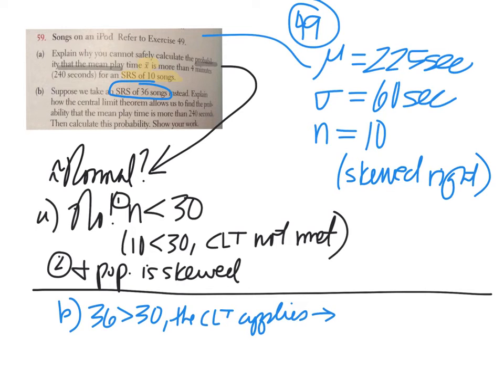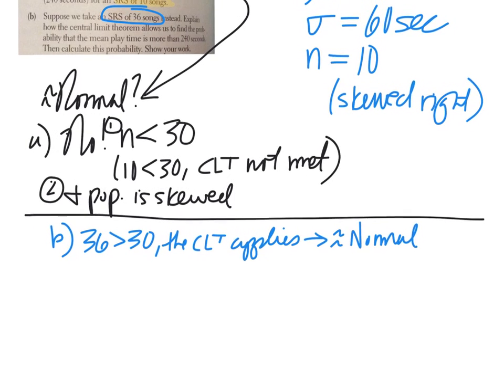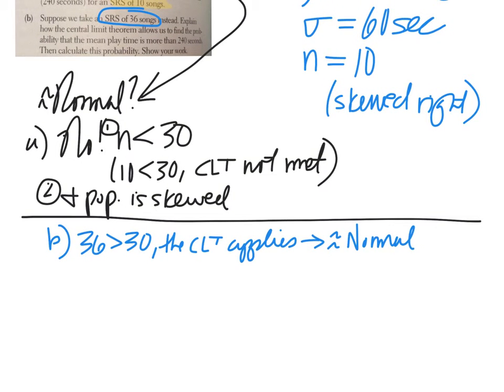Which means that we're talking about a situation here that's approximately normal, and that is the sampling distribution of X bar is going to be approximately normal for this sample. They're wanting us to find the probability that the mean playtime is more than 240 seconds.